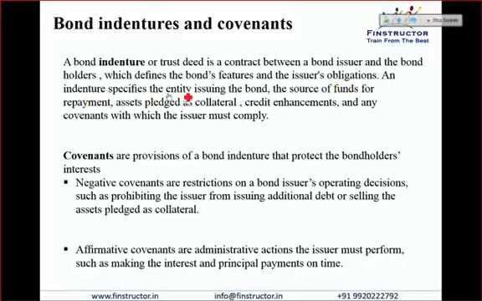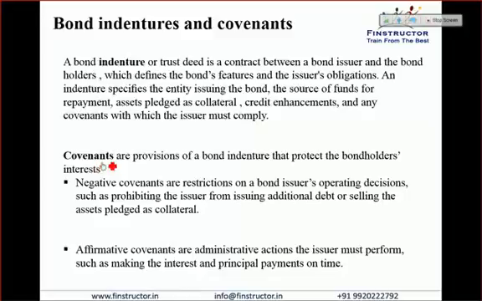An indenture specifies the entity issuing the bond, the source of funds for repayment, and any assets that may be pledged as collateral, so that if the issuer is unable to meet his payments, the lenders are authorized to sell this collateral and recover their money. It also specifies any credit enhancements or guarantees that other corporations or individuals have given to the debt, so that if the issuer is unable to pay, other guarantors will pay for the debt, and any covenants with which the issuer must comply.